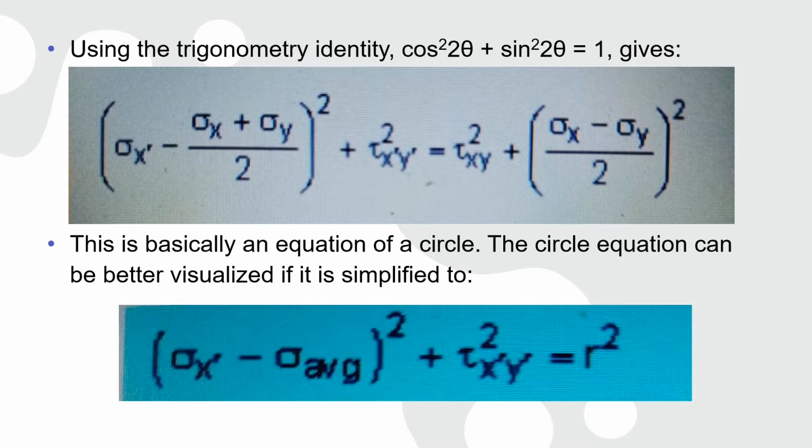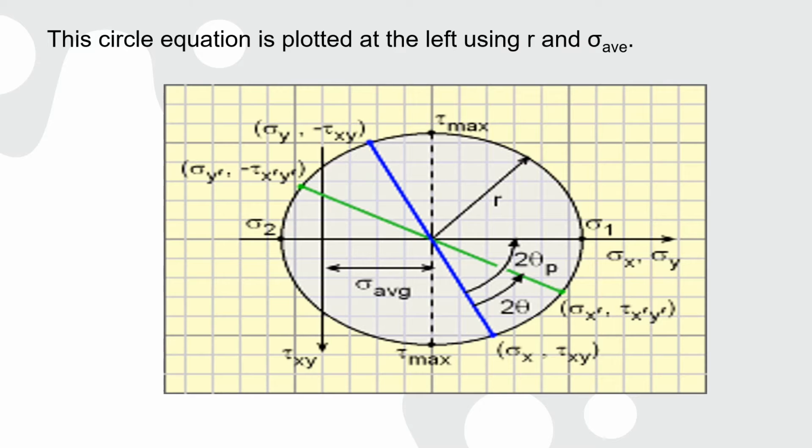So basically, this equation is used as the Mohr circle equation. So lastly, the circle equation is plotted at the left using the radius and the average normal stress.